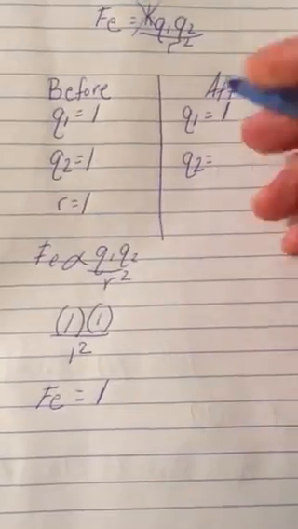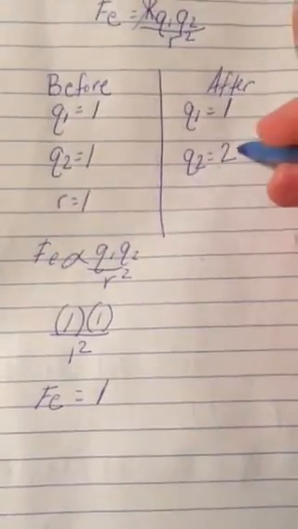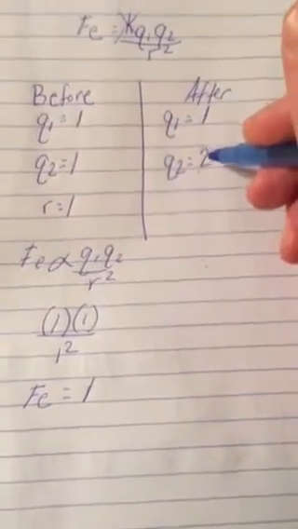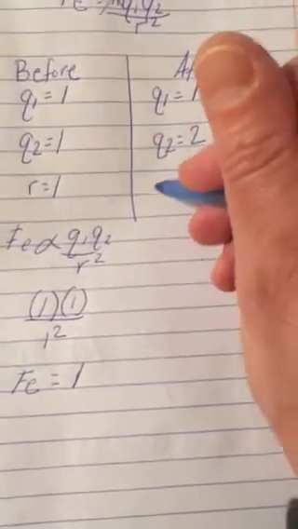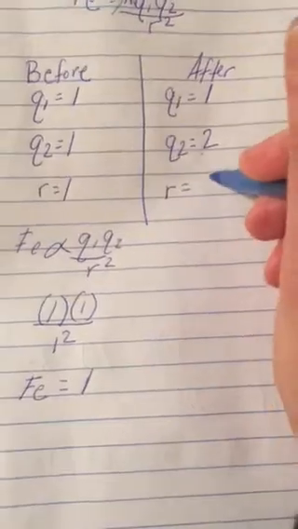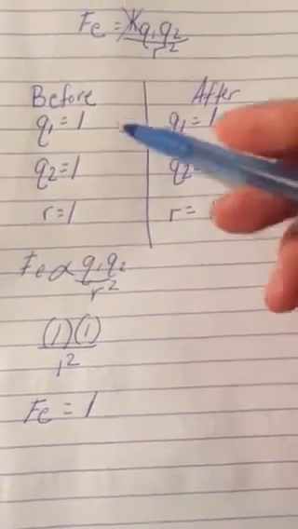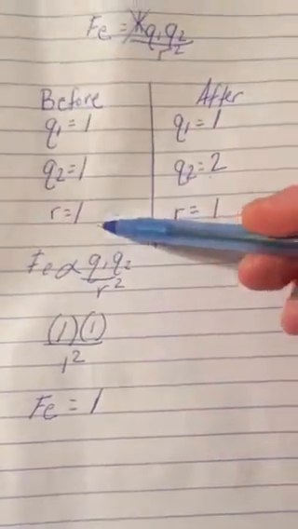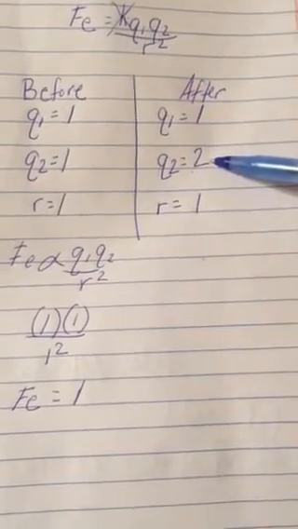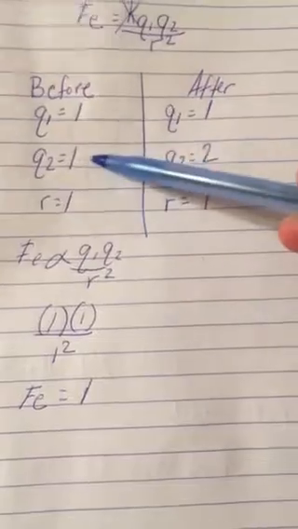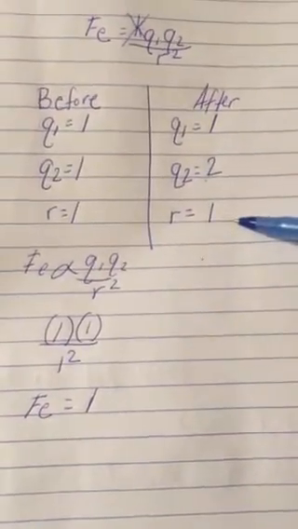Now I'm going to say that Q2 is a charge of 2, because that's twice as big as 1, which is what the question asked for. Since that was the only change made, I'm going to keep my value for distance at 1 as well. So before my values were 1, 1, and 1, the question says change one of the charges to be twice as much as it was originally. So I changed the 1 to a 2, and I kept everything else the same.